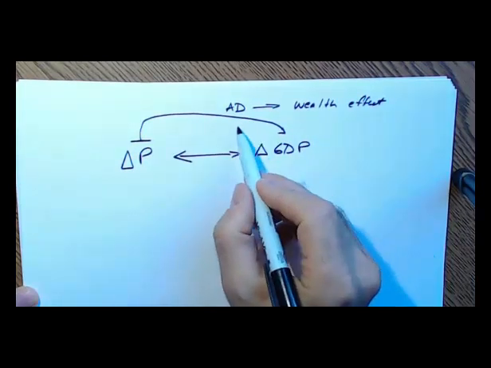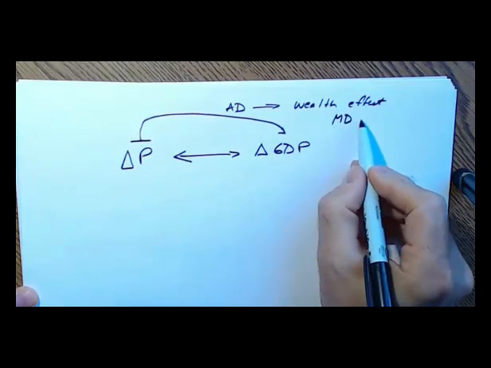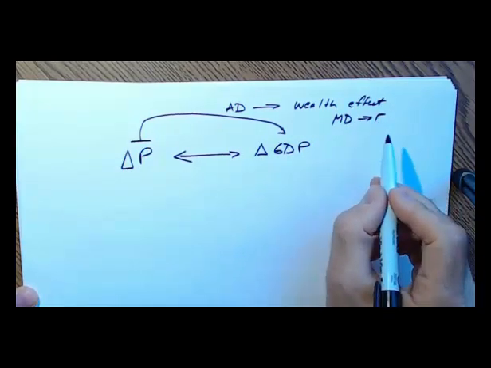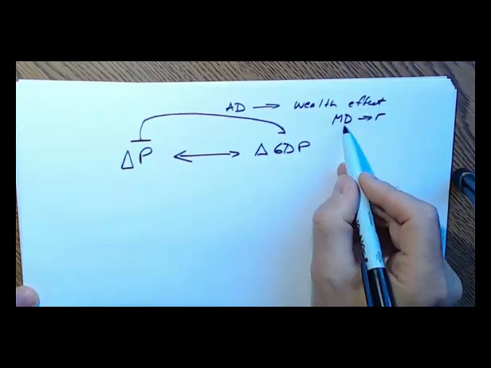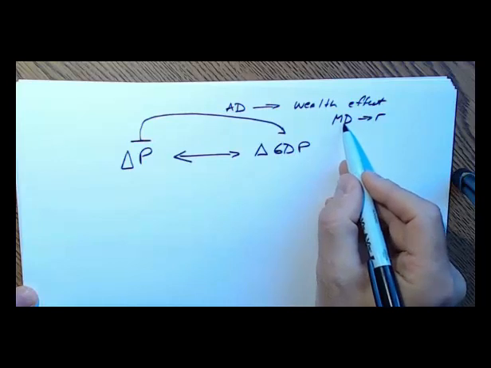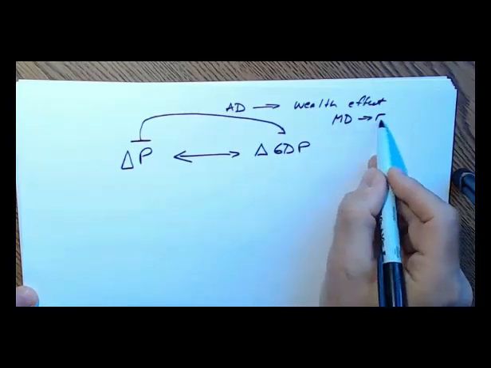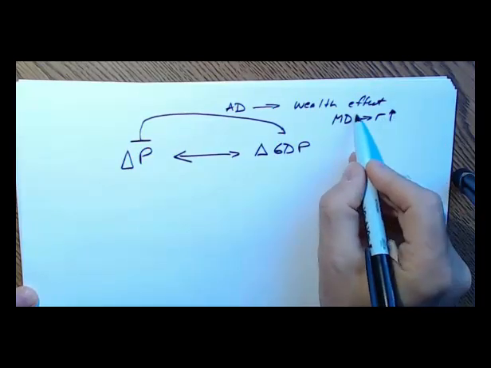And we also have, when prices change, changes in money demand, which changes interest rates. So when prices go up, we need to hold more money for transaction purposes in our bank accounts and in our pockets, in our cash registers. And that increase in money demand causes interest rates to go up.